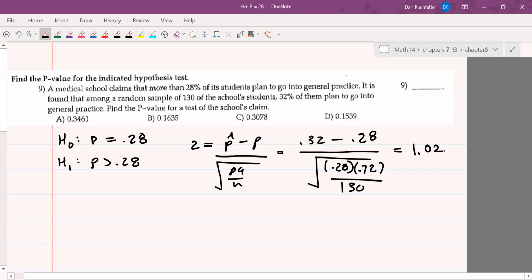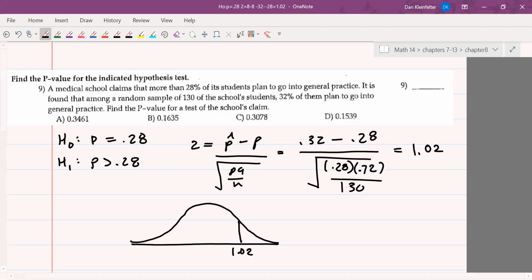Notice that that's not, of course, our Z value. That is going to be our test statistic, really. Our test was right-tailed, with a test statistic of 1.02. So we're using a Z table.